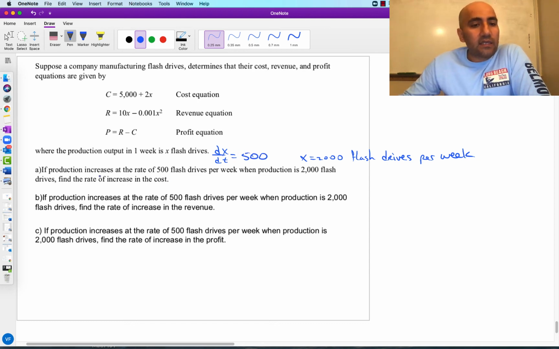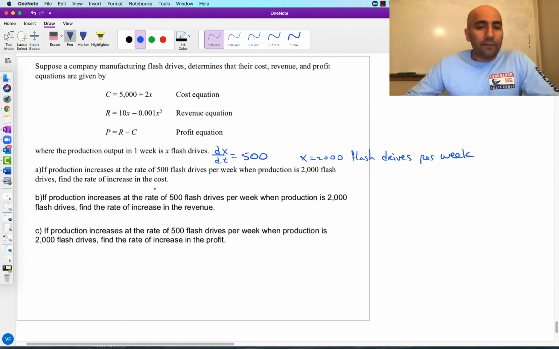We're saying that it's increasing, it's going up, so this is a positive. If it had said that the production is being slowed, it's decreasing, it's smaller, any of those would be a hint that this is getting smaller over time, which would mean that this would be a negative. So if production increases at a rate of 500 flash drives per week when production is 2,000 flash drives, find the rate of increase in cost.